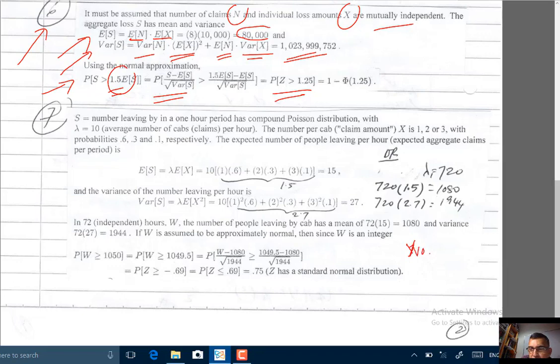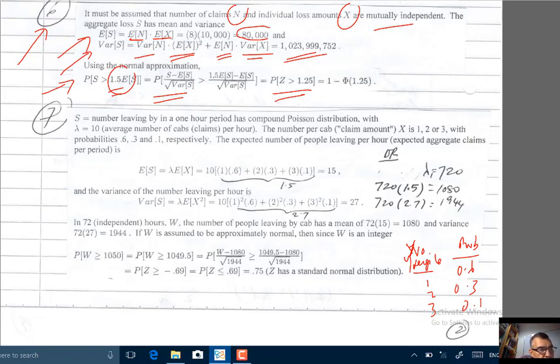The number of people and probability: 1, 2, and 3, with 0.6, 0.3, and 0.1. That's in the table. Using a normal approximation, you're asked to calculate the probability that at least 1050 people leave the hotel in a cab during a 72-hour period.